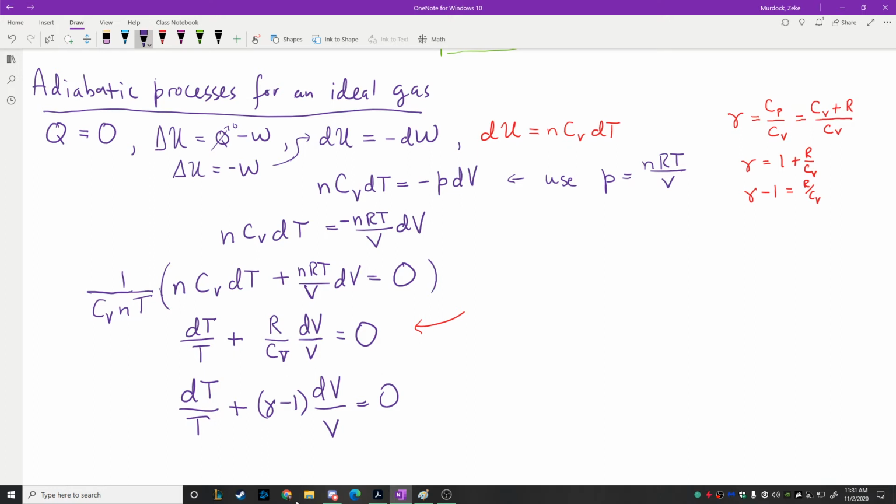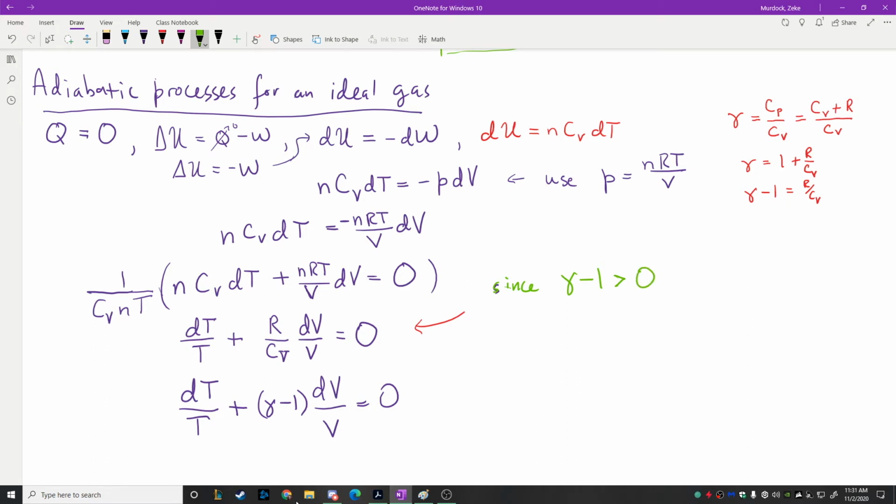So what this tells us is, in this adiabatic process for an ideal gas, since gamma was always greater than 1, gamma minus 1 is always going to be greater than 0.